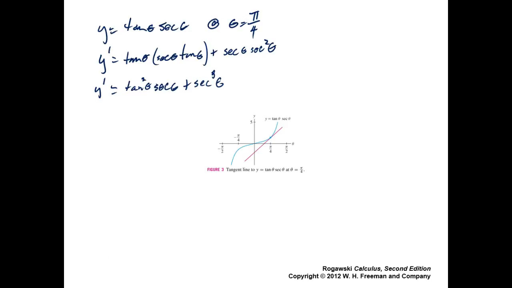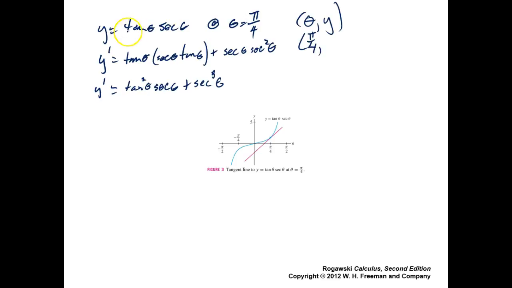So we need a point, and we need the slope at that point. So your point is going to be theta, y. We already have the theta part. That's pi fourths. So now we just have to plug it in.